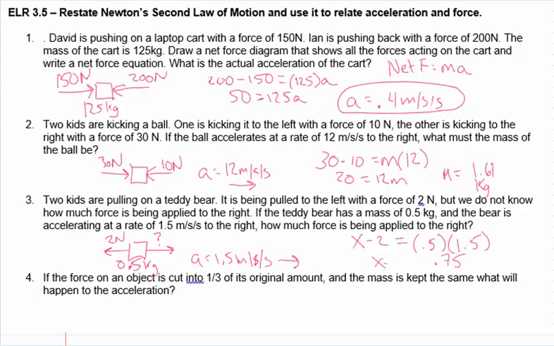And we have x minus 2 on the other side. So we add 2 to both sides, and we get our grand total to be 2.75 newtons for our force.